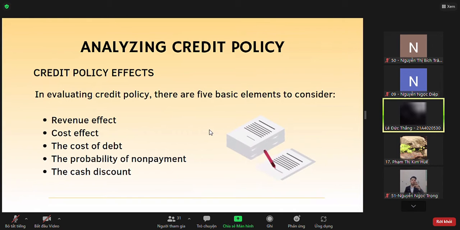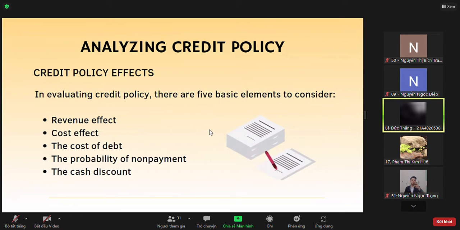The second is the cost effect, and also the firm may experience delayed revenues if it grants credit. Following the matching concept of IFRS, the cost of sale is incurred immediately, and whether the firm sells for cash or credit, it will still have to acquire or produce the merchandise. The third one is the cost of debt. When the firm grants credit, it must arrange to finance the resulting receivable. As a result, the firm's cost of short-term borrowing is a factor in the decision to grant credit.